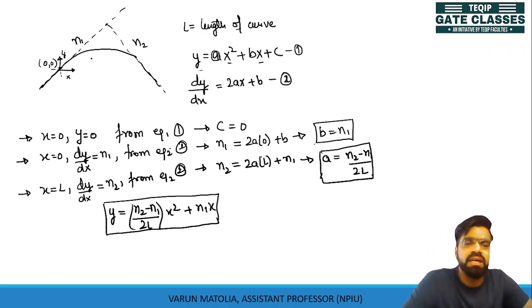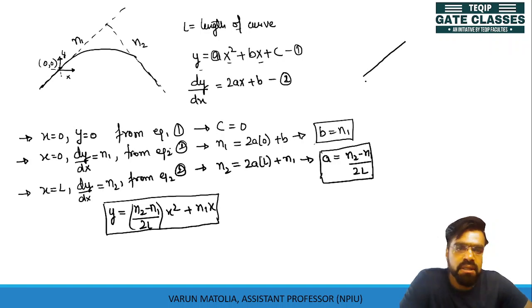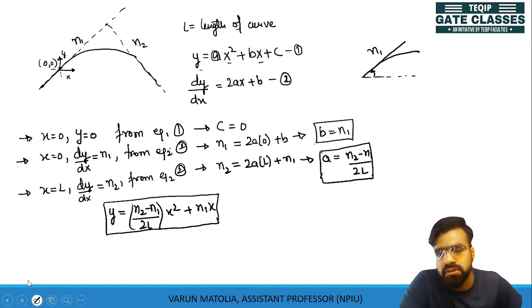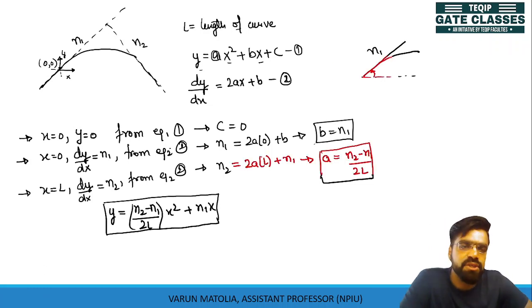But here, to set out this curve, let us say this is the slope, or this is the tangent, this is the base. We know this slope n1. We have this curve. To set out these points, we should know the distance between the straight line and these points.